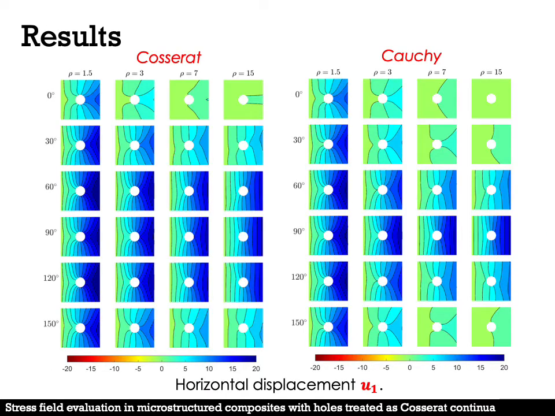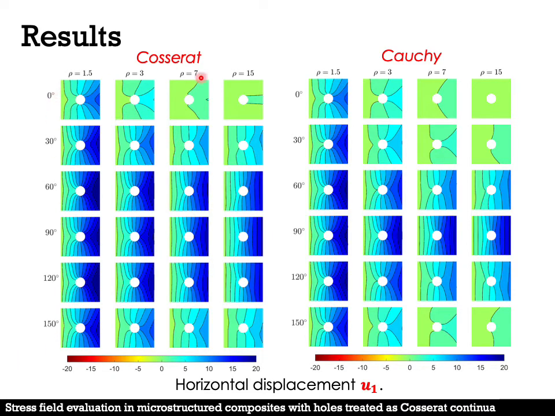This is the result of the horizontal displacement U2. For both models, U2 has a direction effect as beta increases. It mainly increases and then decreases as beta goes from 0 degrees to 115 degrees.